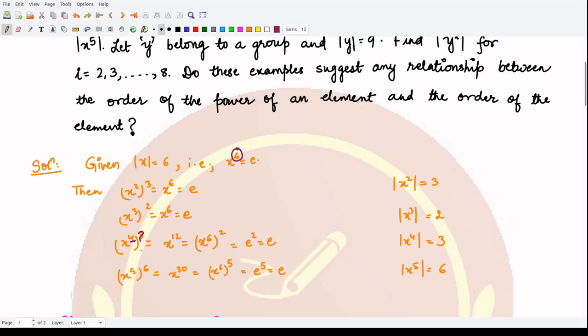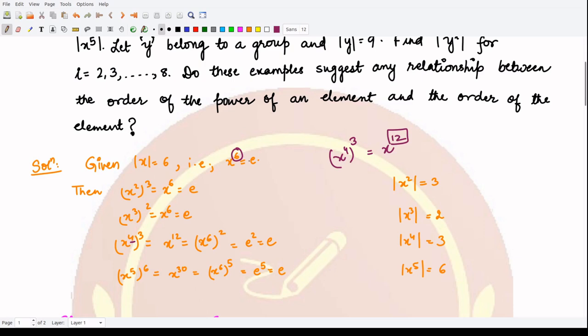So let's see. If you take x raised to power 4 raised to power 1, you get x raised to power 4, so no result here. If you take it as 2, you get x raised to power 8, so nothing we can conclude here. If you take it as 3, then you obtain x raised to power 12, and we have a result for 12. Why?